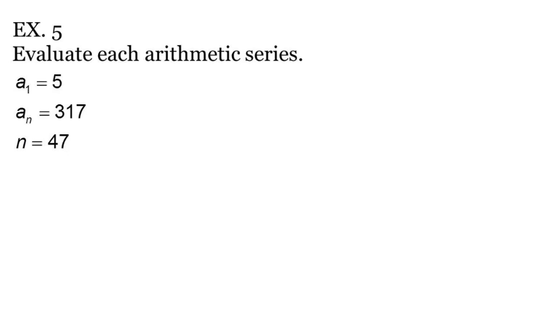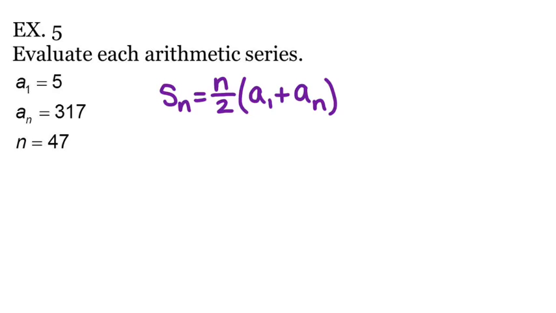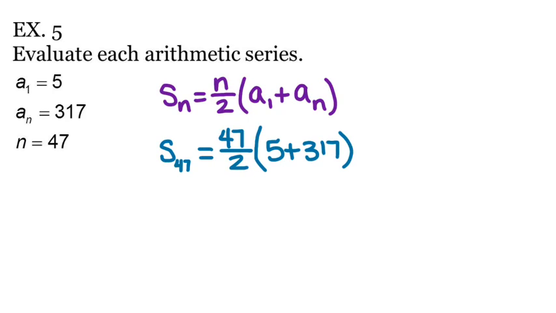So we're going to use the first formula for the sum of a series. S sub n equals n over 2 times a1 plus an. So we're going to plug in the information that we're given. S sub 47, since we're trying to find the sum of the first 47 terms, equals 47 over 2 times 5 plus 317.